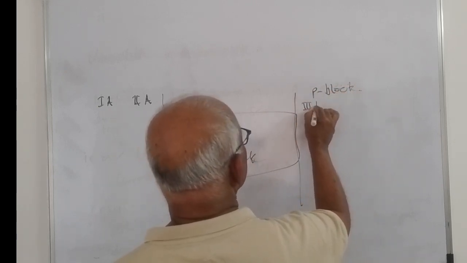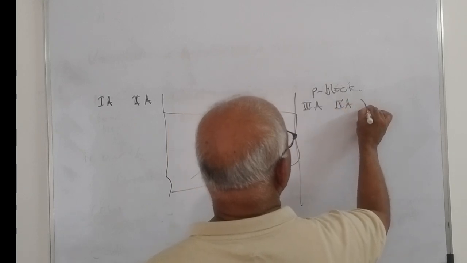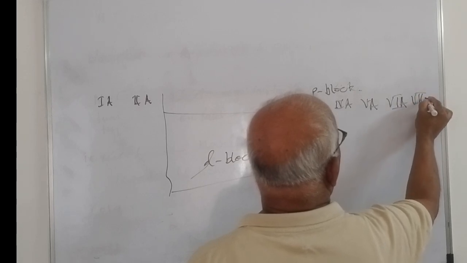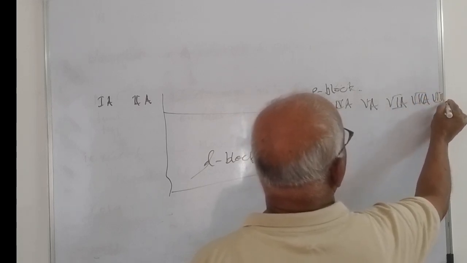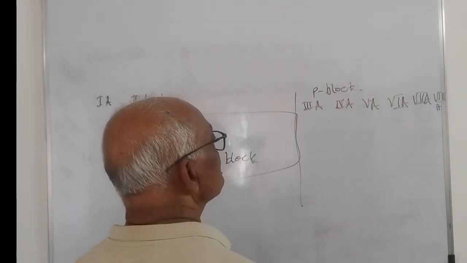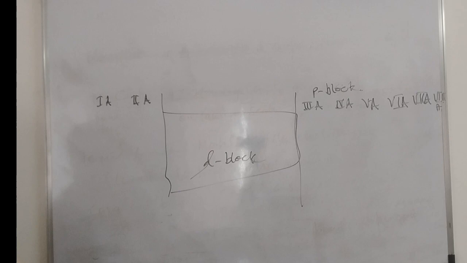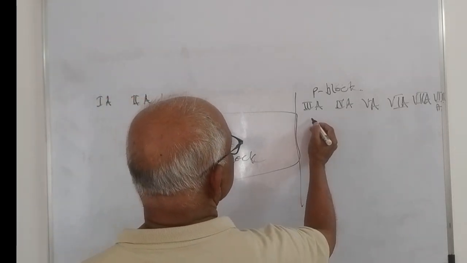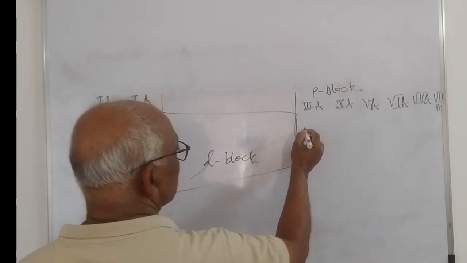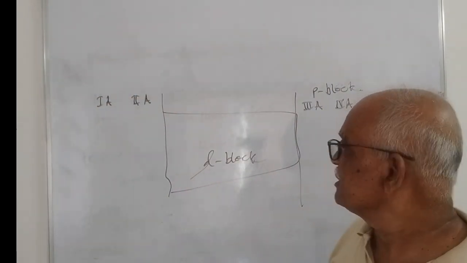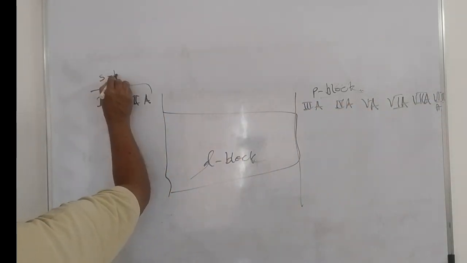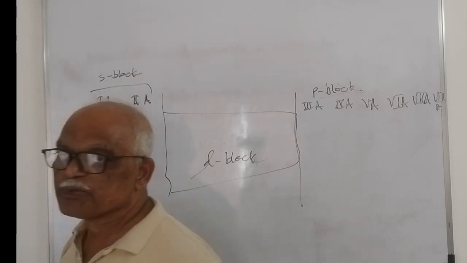It contains third A, fourth A, fifth A, sixth A, seventh A, and eighth A groups. From the third A group onward there are metals, even though it is a P block element, and the first two are S block, which are more electropositive.